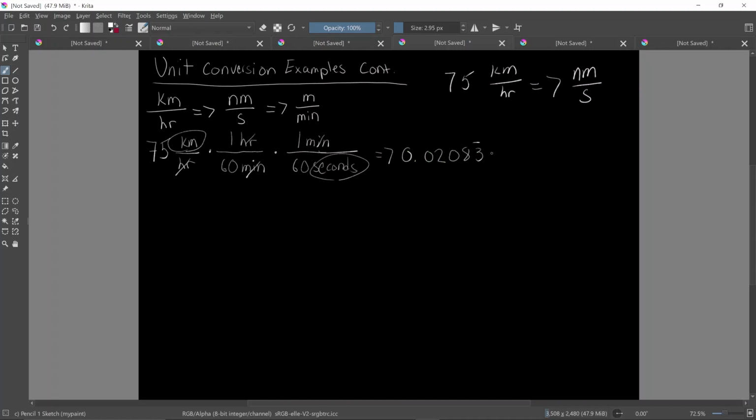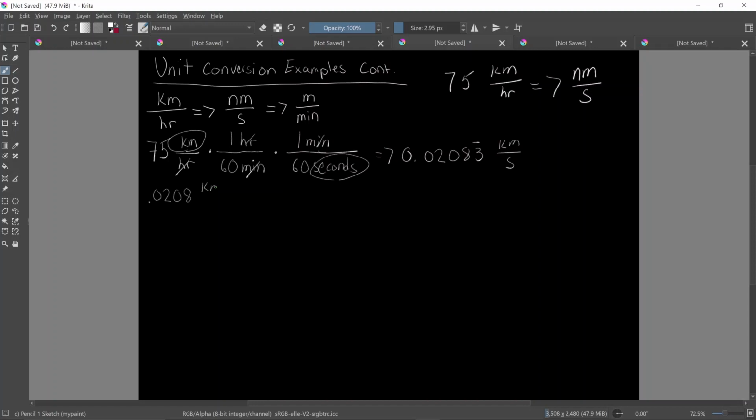I'll leave the 3 repeating in there for now. You get 0.0208 kilometers per second. But we're not to nanometers yet, so now let's focus on converting our kilometers term. I am going to shorten it to 0.0208 and just not worry about the 3 for now.